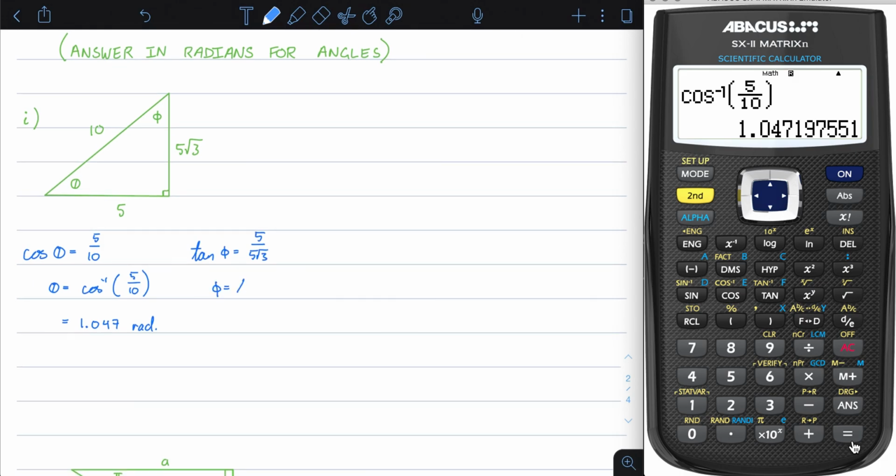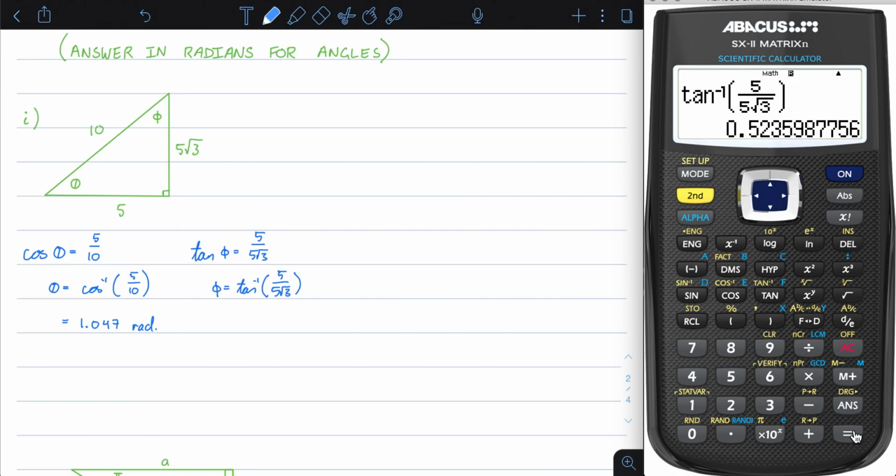Phi is now equal to the inverse tan of 5 on 5 root 3. Inputting this into our calculator, inverse tan of 5 on 5 root 3, close bracket, and equals.